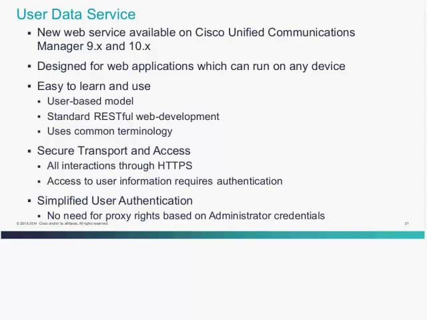It uses common terminology and XML format in delivering information to and fro between the application and the server. In addition, the User Data Service interacts with the web server via the secure transport protocol, HTTPS, and it allows user authentication in case the user is trying to modify the settings.